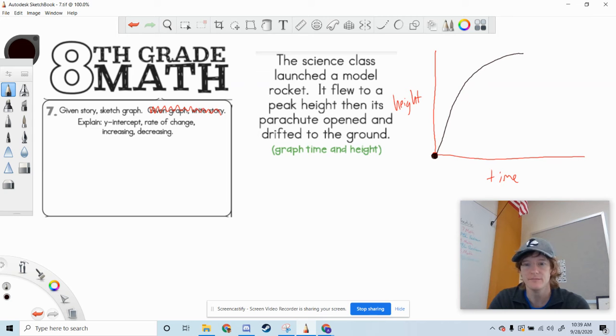And then a parachute opens and it drifts to the ground. So instead of it just falling straight to the ground really quickly, it's kind of going to drift down at a constant speed all the way to 0. And it looks like I need to kind of redo this graph. So I'm going to redo it down here because I definitely ran out of room.